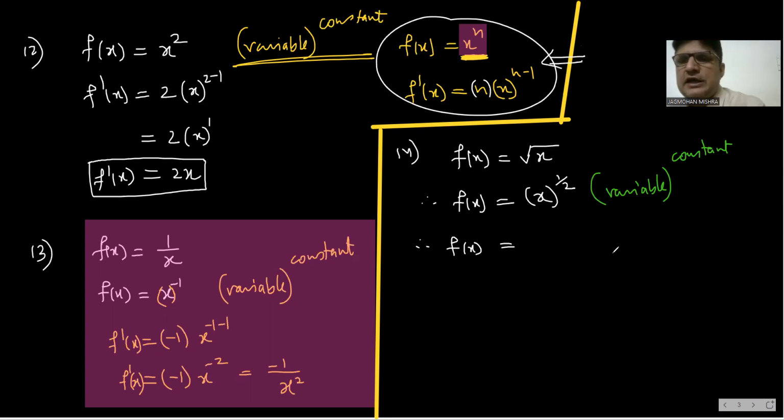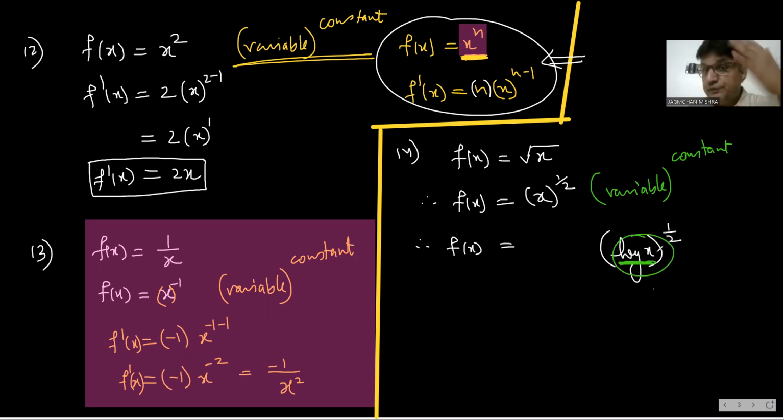See, for example, if I have log x raised to 1 by 2, what kind of function is this? This is also variable raised to constant. Log x is a variable raised to constant, but this variable which I'm referring to is not x.